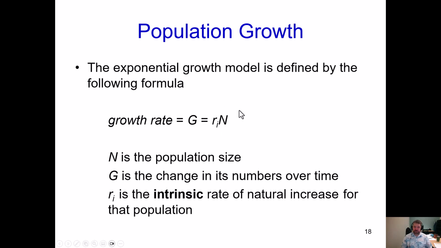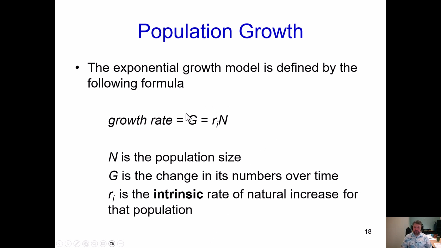So we might be interested in the growth rate of a population in years, or in a month. If we're talking about something like bacteria or protozoans, we might even be interested in the growth rate of a population in a week or a day, and that would give us an idea of how fast that population can change over a given amount of time.